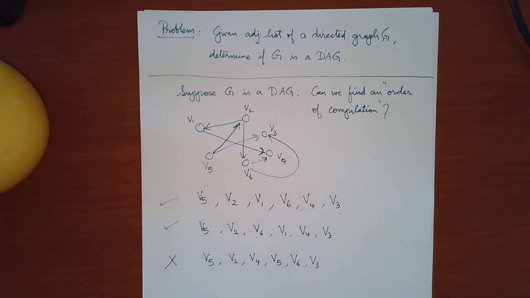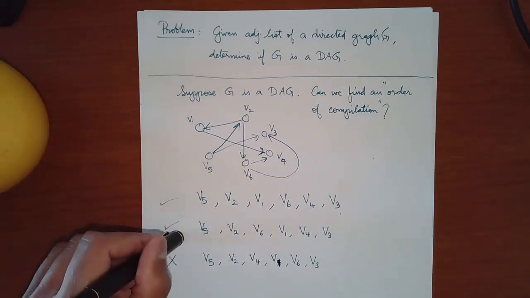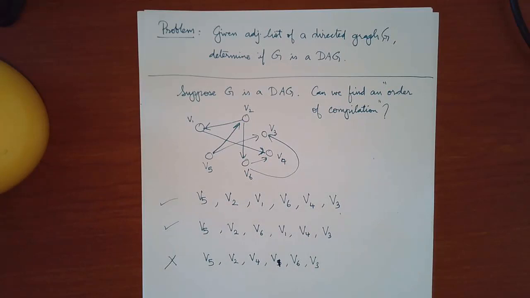No. Also, V5 appears twice. Okay, that is definitely a problem. But which one is missing here? V1, right? Sorry, there. So why is it that I can do these orders of compilation and not this? I hope the question makes sense.